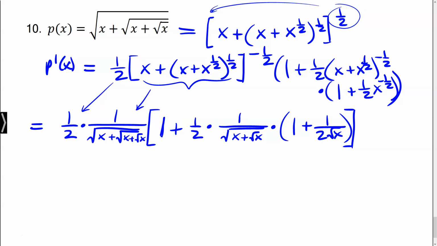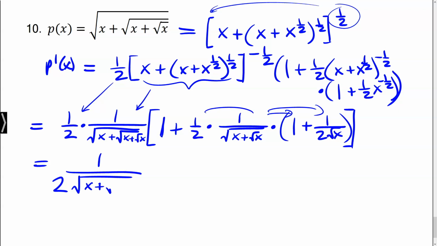Let's see. Yeah, I think this is it. Is there anything else we could do? Let's see. I mean, I guess we could distribute this stuff across here. Let's see what that does. So we got 1 plus, if I distribute across the 1, this is going to be 1 over 2 square root x plus square root x.